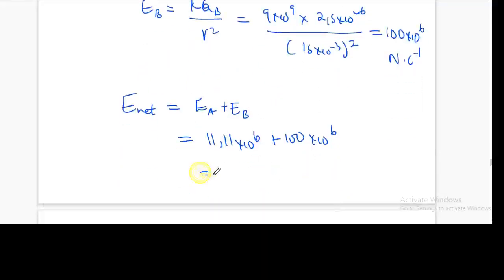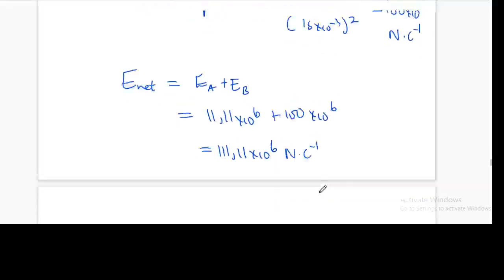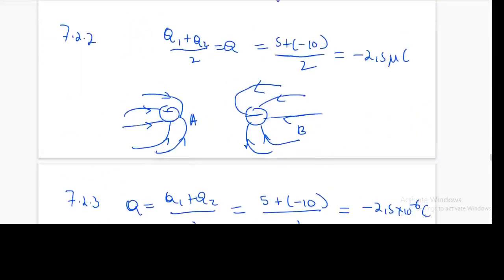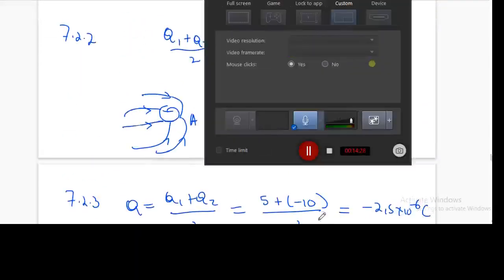So how much do I have? I have 111.11 times 10 to the power 6 newtons per coulomb. Okay, so now this is our final answer. Let's try another problem.